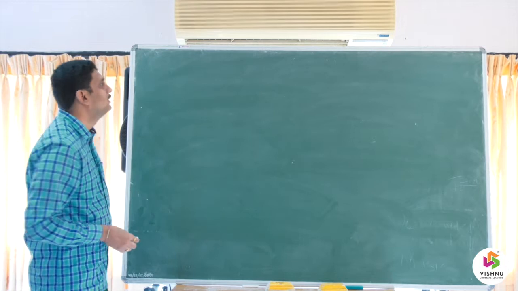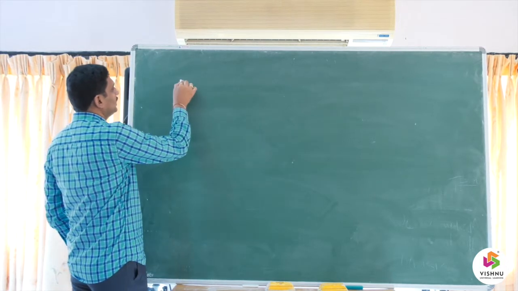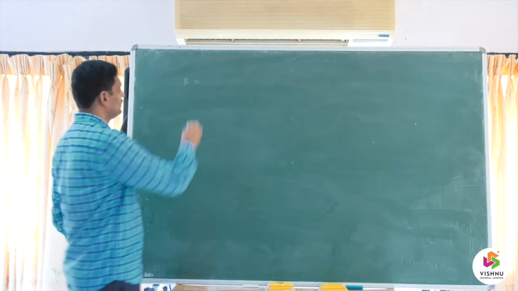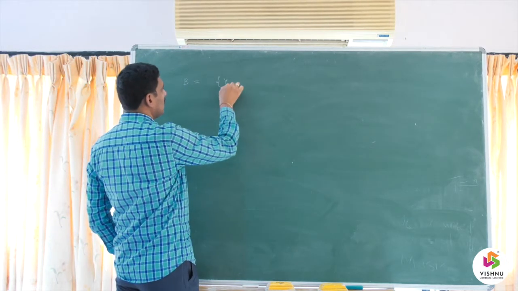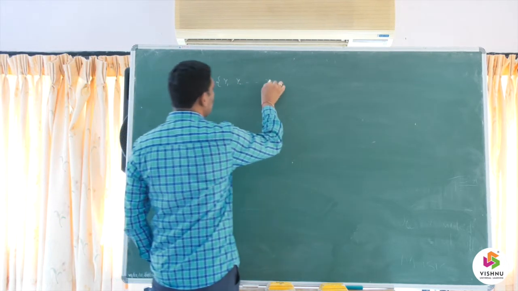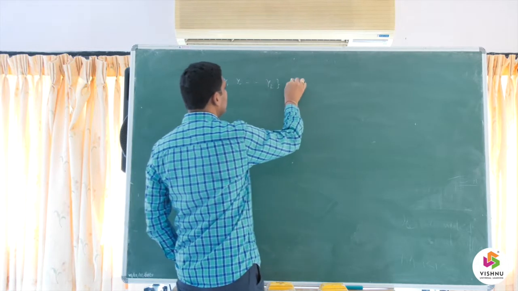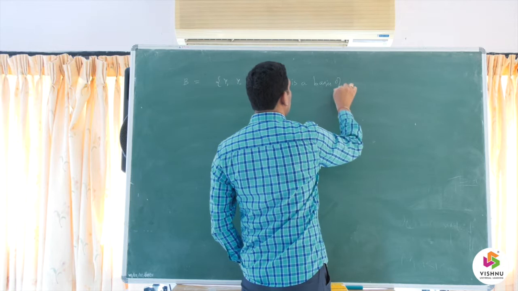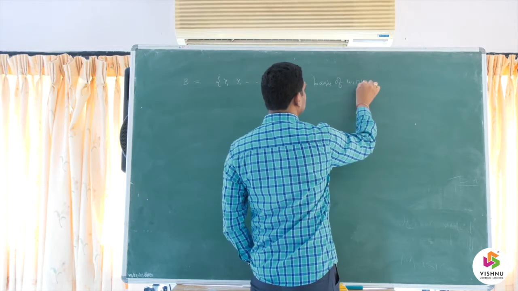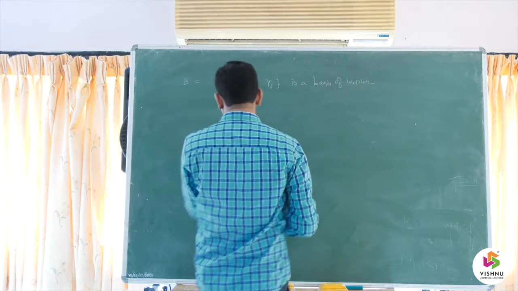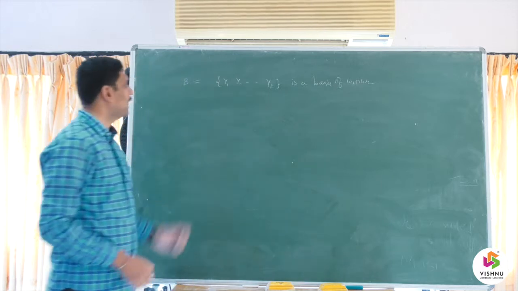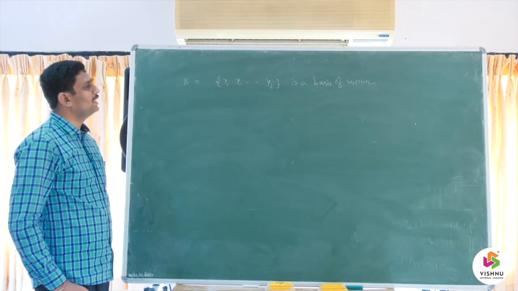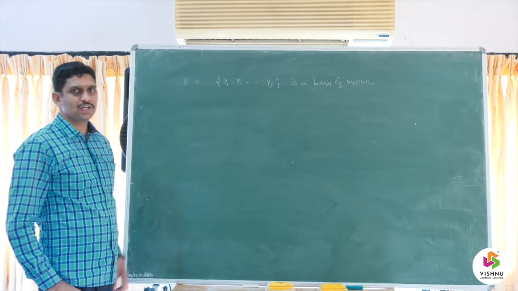Now first of all, let us take that the set B is equal to gamma 1, gamma 2, so on gamma k, is a basis of the intersection.